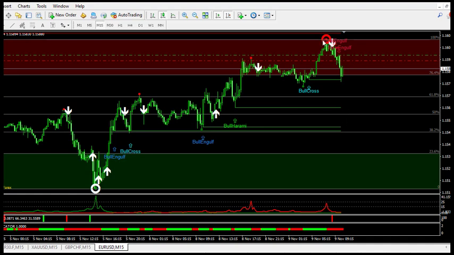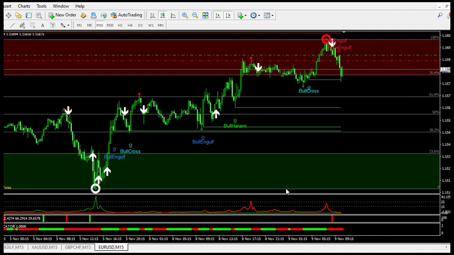Whenever this indicator, this white and this red, repaints or recalculates, it depends on what you want to call it, I don't use this indicator in isolation. The first thing you do is this: make sure the trend or the candles are in this green zone or this crimson zone.